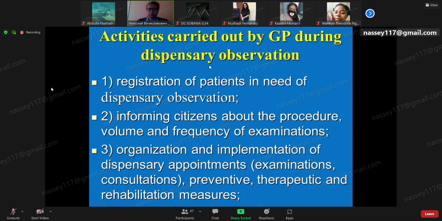This procedure includes registration of patients in need of dispensary observation, informing citizens about the procedure, about the volume and frequency of recommended examinations, and organization and implementation of dispensary appointments, examinations, consultations, preventive, therapeutic, and rehabilitation measures.